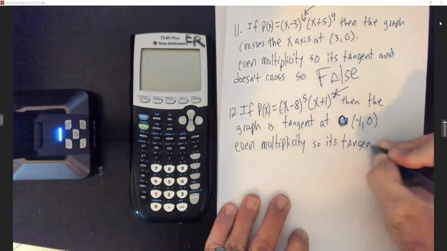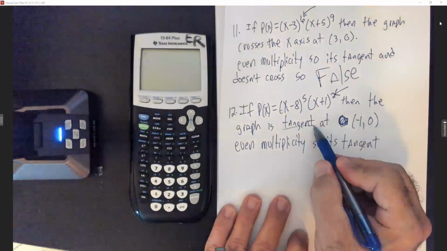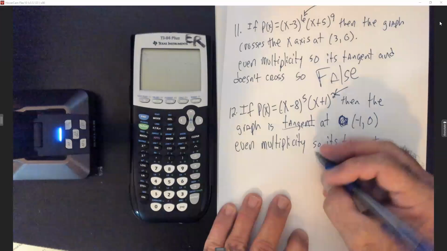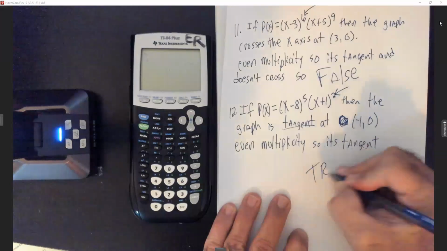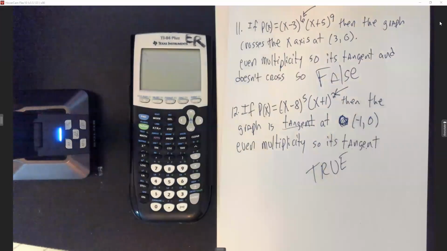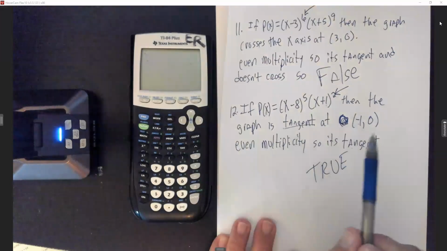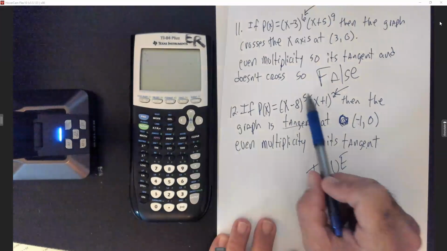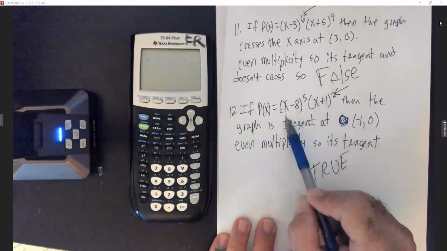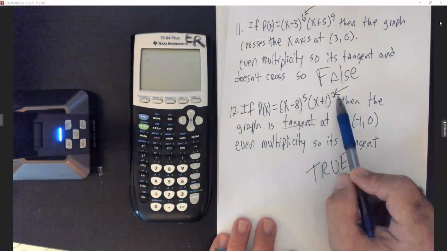They said it was tangent, we said it was tangent, so this one is definitely true. So you have to find which factor gave you that 0 and then look at its multiplicity. If it's odd, it crosses through. If it's even, it's tangent, okay?